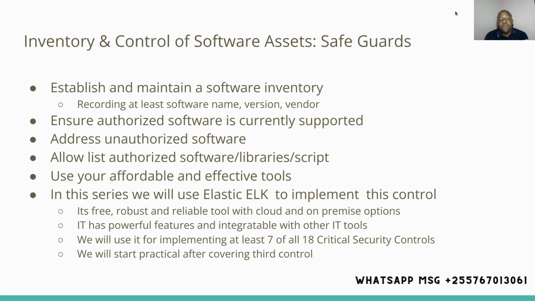You may also implement the so-called allow list of authorized software, allow list of authorized libraries, and authorized scripts. Those are the kinds of measures you may also incorporate as you realize this inventory of software.